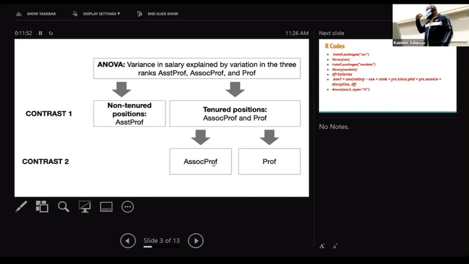These are two reasonable contrasts, because somebody can consider another possibility: what if I look at whether there is any relationship between the salary of an associate professor and the salary of an assistant professor? That could be another.